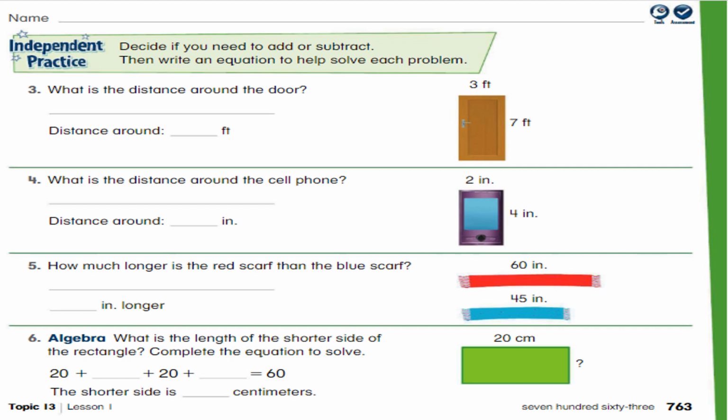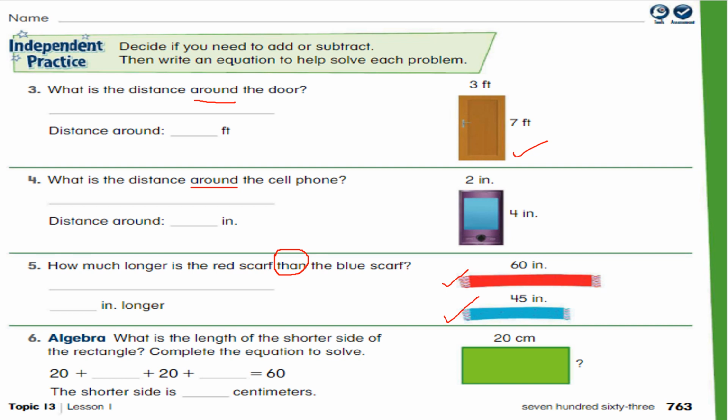Okay, on the next page, it's likewise, you have to measure around the door, you have to measure around the cell phone, you have to see how longer the red scarf is than blue scarf. So there is word then. When we see the keyword then, what do we do?